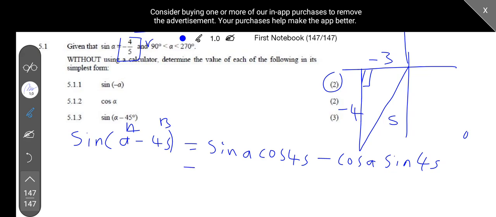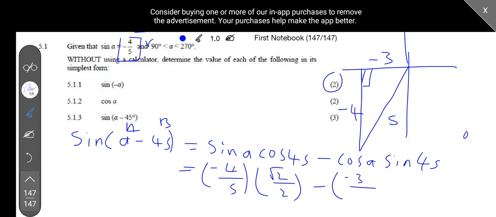Okay? So what is sine a? Sine a, we know it. It's what is given in the statement. It's negative 4 over 5. And cos 45 is a special angle that is square root of 2 over 2. Minus cos a, we've done it. We said it was negative 3 over 5 in the previous equation.